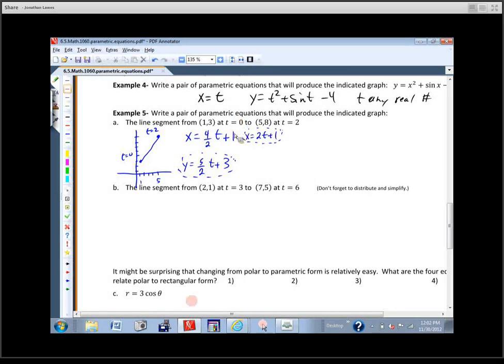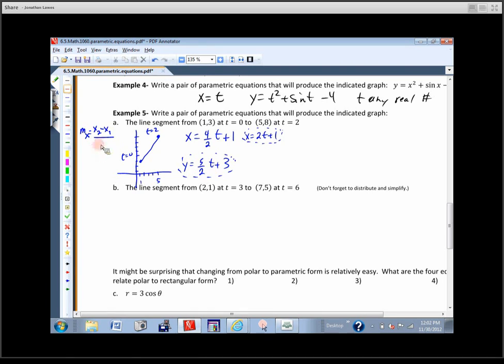Now I'm going to show you a way that works regardless of whether it starts at 3 or 7 or negative 19 or whatever it is. What we did right here is we basically figured out a slope for x. So if I wanted to figure out the slope for x, it would be the difference of the x coordinates over the difference in, we divided it by 2, right? 2 is the difference in the t's, the time.